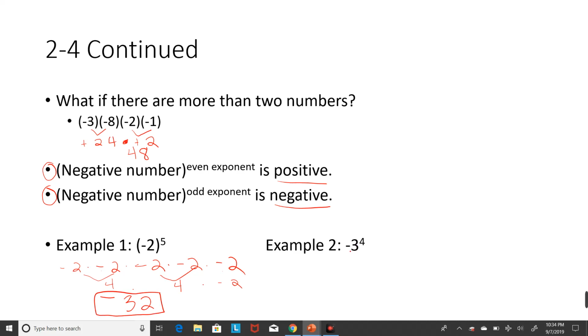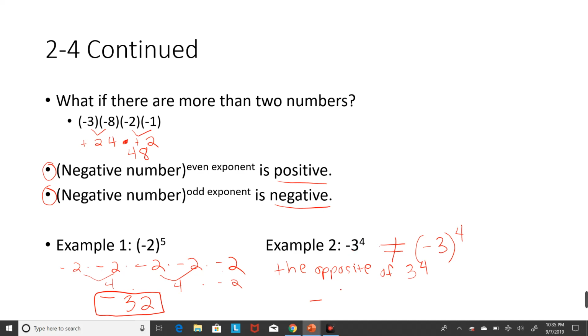This example is interesting because there are no parentheses around the negative 3. So in fact, this does not necessarily equal the version where you add the parentheses. So this is actually asking us to do the opposite of 3 to the 4th. So that means the answer is going to be negative.